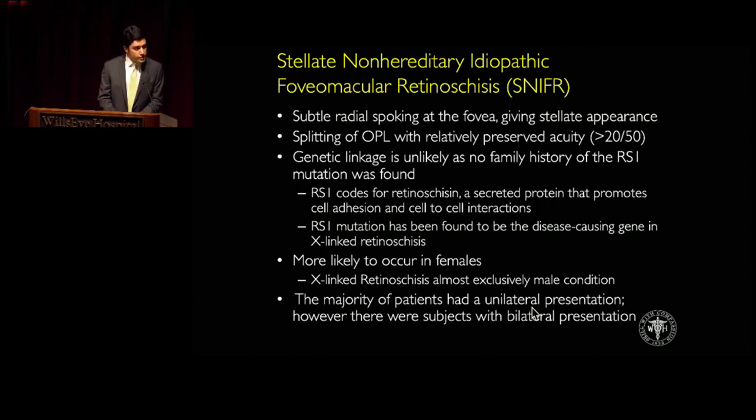There is no positive family history in these patients and no association with the RS1 gene, which encodes retinoschisin and is the cause of X-linked retinoschisis. As I mentioned, these patients tend to be females, and X-linked retinoschisis is primarily or exclusively a male condition. The majority of these patients present with unilateral presentations, though there have been reports of bilateral presentation.